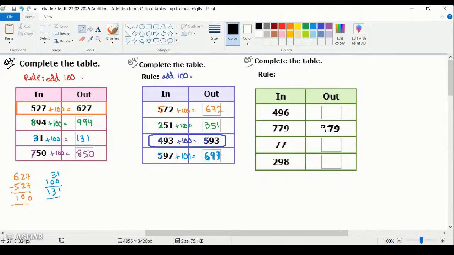So for the given information in this question, 779 is changed to 979.